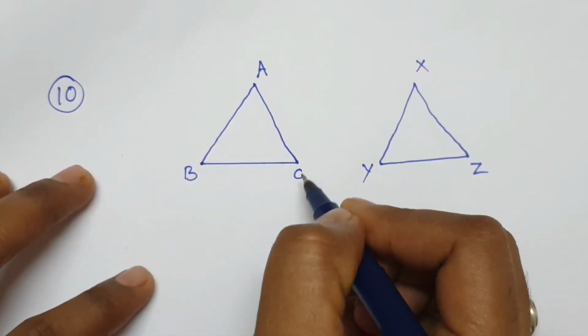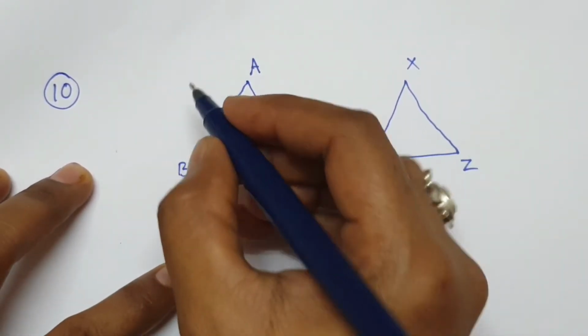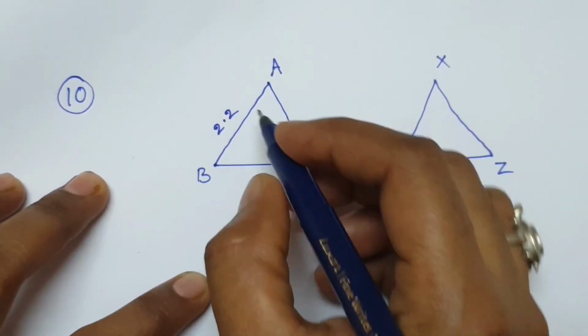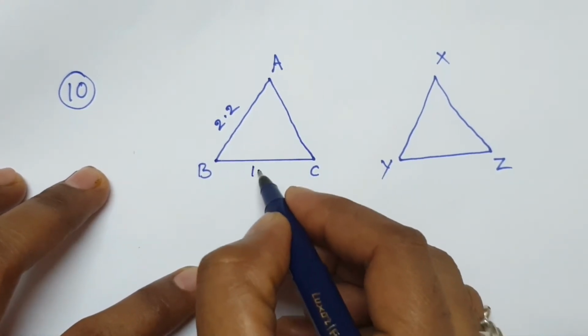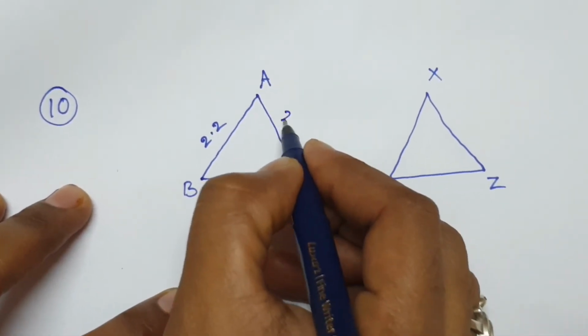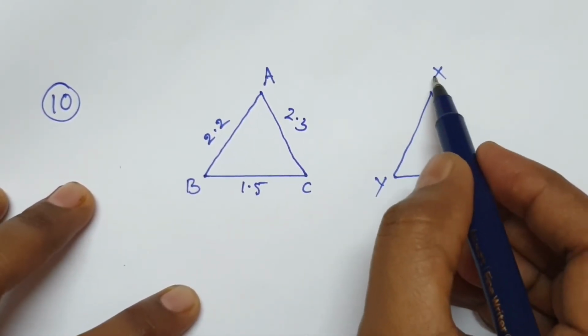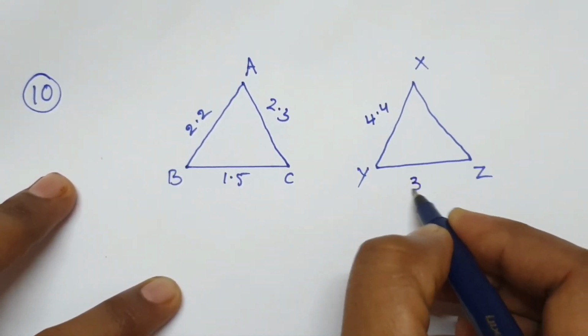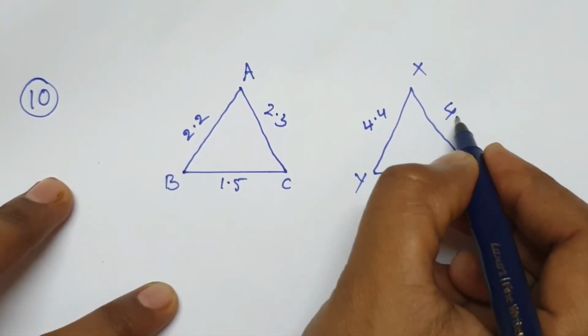These two, triangle ABC and triangle XYZ, another triangle. In that, AB length given 2.2 centimeters, BC 1.5, AC 2.3, and another one, XY 4.4, YZ 3, XZ 4.6.